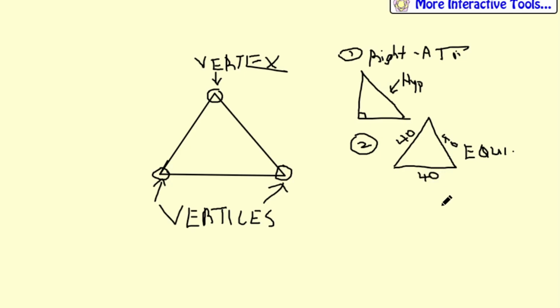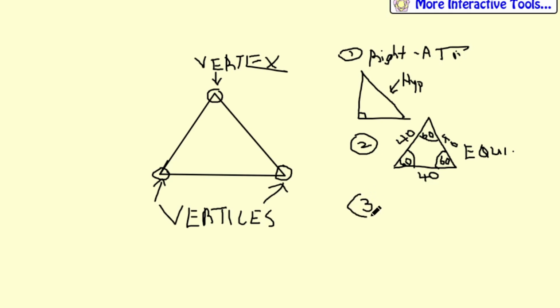It also has all angles equal. So angles in a triangle add up to 180. And if all of these are equal, that simply means that each angle would be 60 degrees. 60 multiplied by 3 is 180. In other words, that would be 60 plus 60 plus 60.